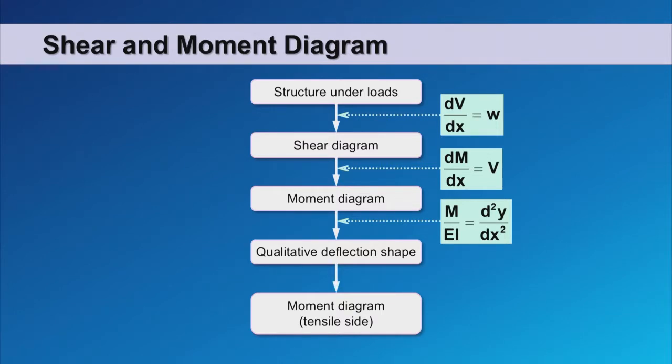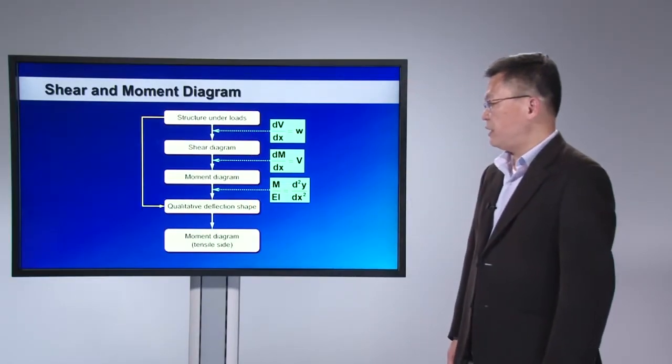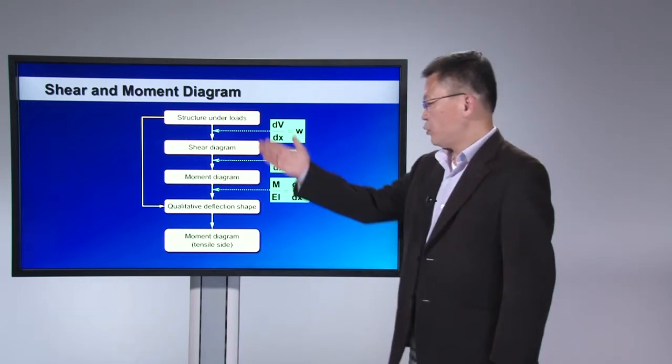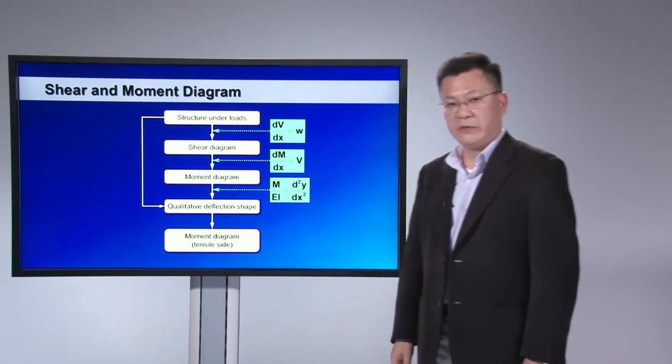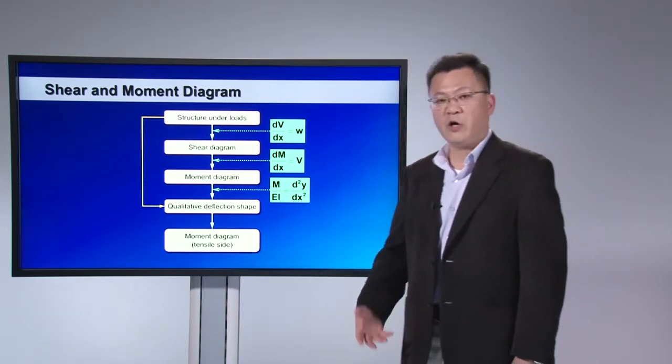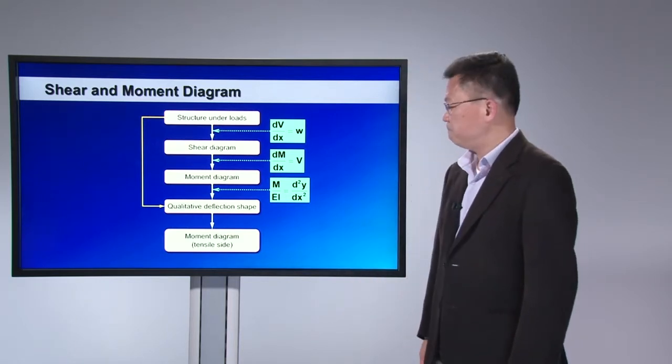After that, you can redraw your bending moment diagram so that it is drawn at the tensile side of the structure. As you practice more and more, an experienced engineer will be able to draw the deflection shape straight from the structure under loadings. This will also help you to double check the analysis results that you obtain.